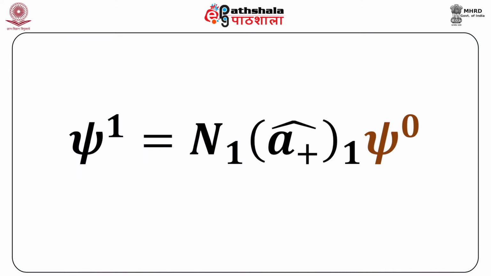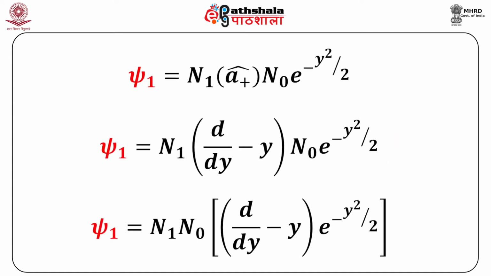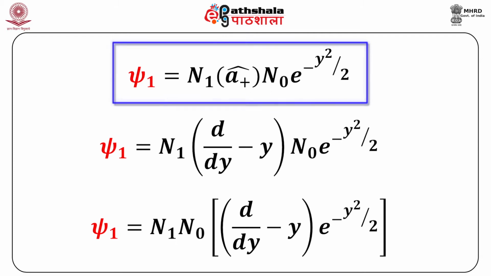Let's now try and solve for psi 1. Again in this case, psi 1 will be equal to N1 A plus cap psi 0. Now A plus cap is the creation operator. Therefore, if we put it in for psi 1, it will become N1 A plus cap N0 e to the power minus y square by 2.